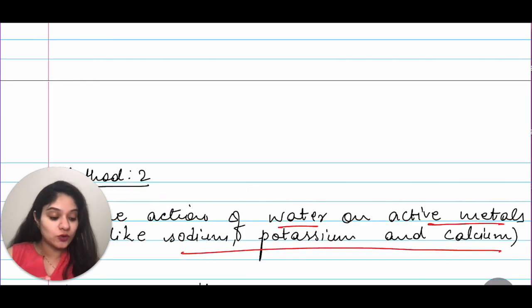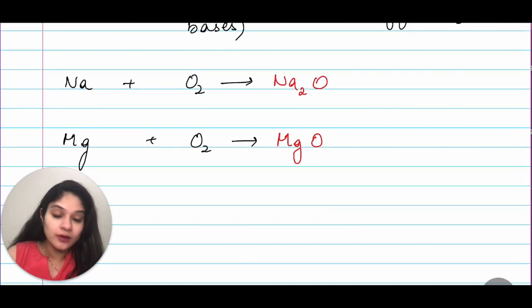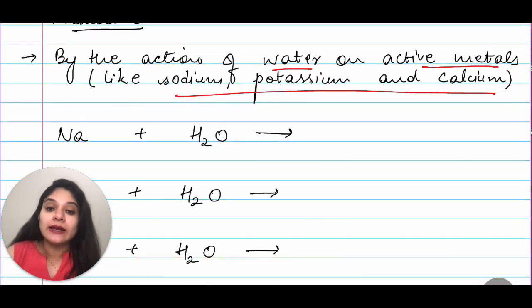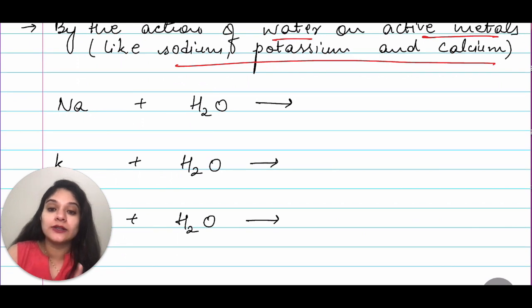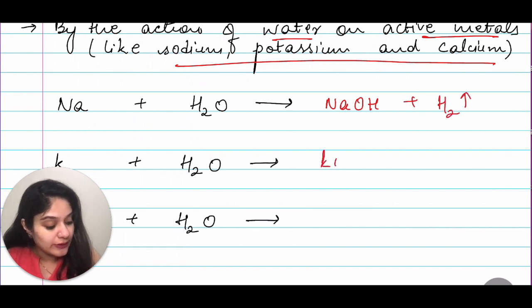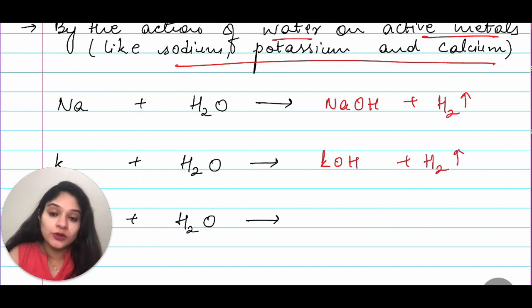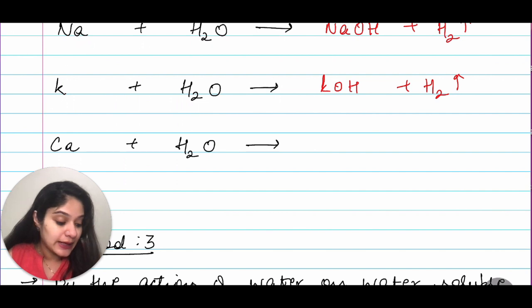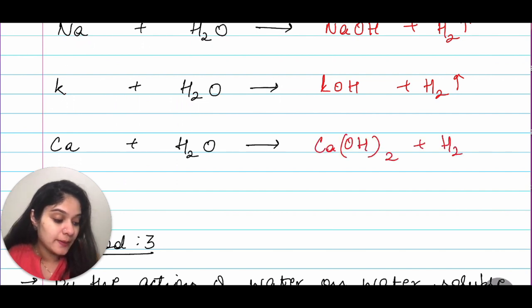So metallic oxides you got right here. This will give us metallic hydroxides. So Na plus H2O will give me NaOH plus hydrogen gas. K plus H2O will give me KOH plus hydrogen gas. Calcium plus water will give me slaked lime, that is Ca(OH)2 plus hydrogen gas.